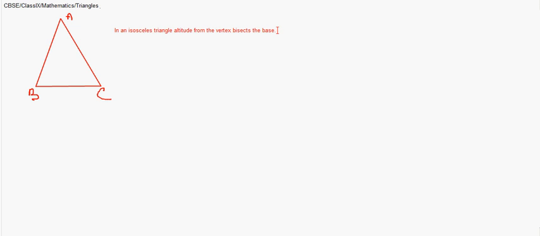This is an isosceles triangle. That means AB will be equal to AC. I'm taking those two sides equal in the isosceles triangle. I drop a perpendicular from the vertex to the side BC, and it says if this is the altitude from the vertex, then if suppose this is D, then BD should be equal to DC.